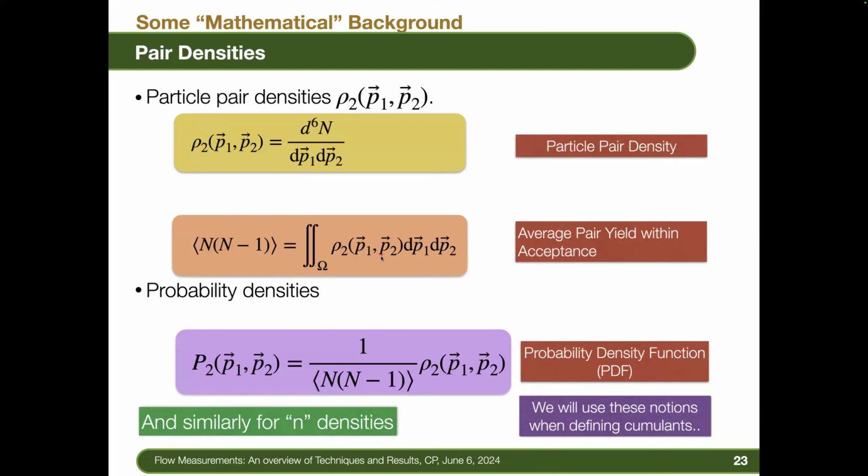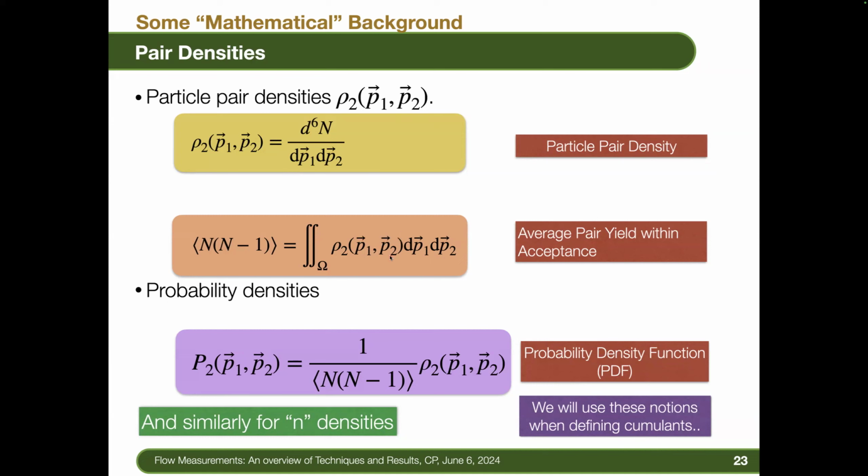If I gave you a theory for the particle production, I would give you a formula for rho 2, which you would integrate, and it would give you a number of pairs. Experimentally, in any given collision, we're sampling, so to speak, this density.